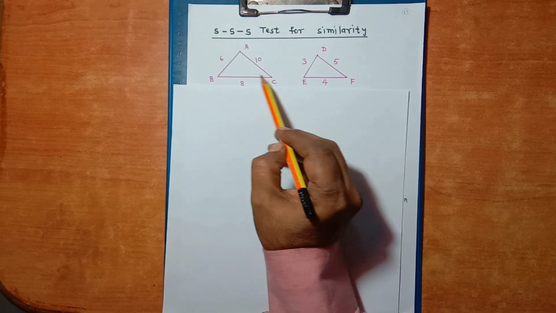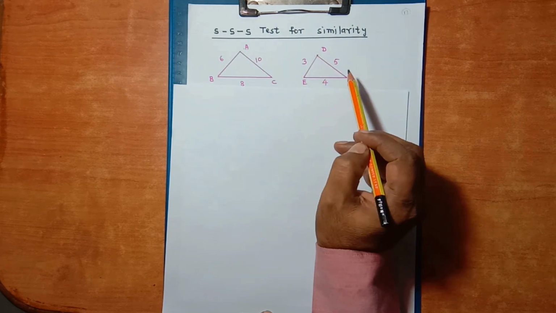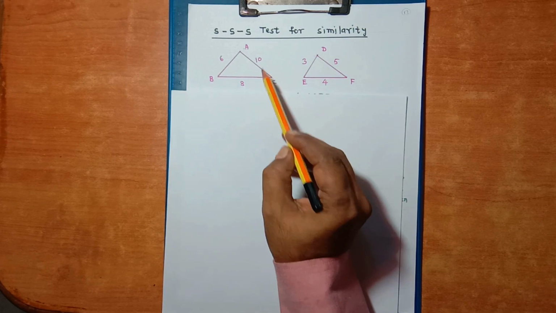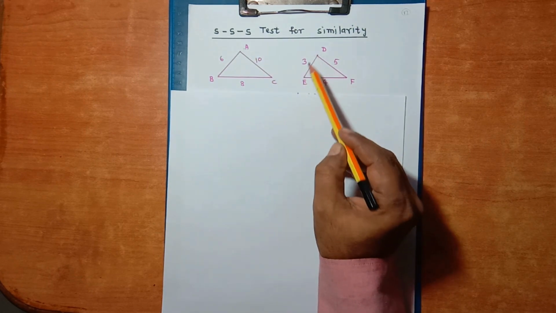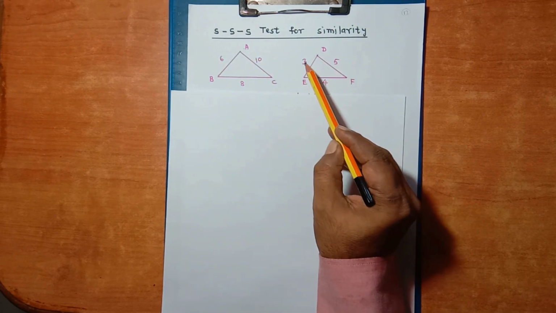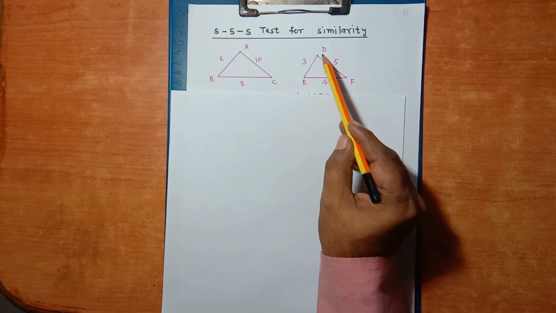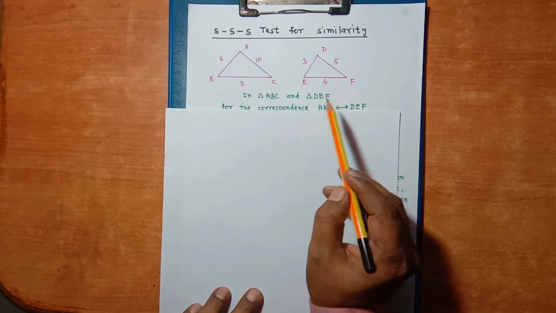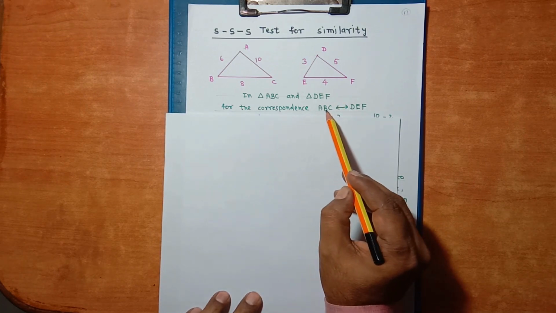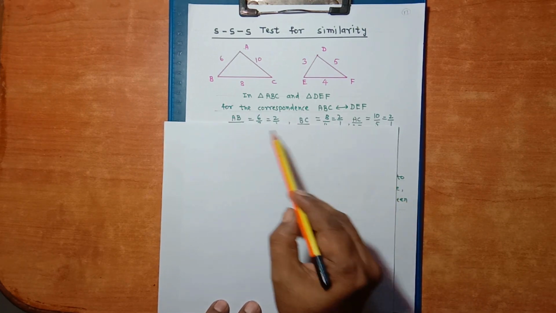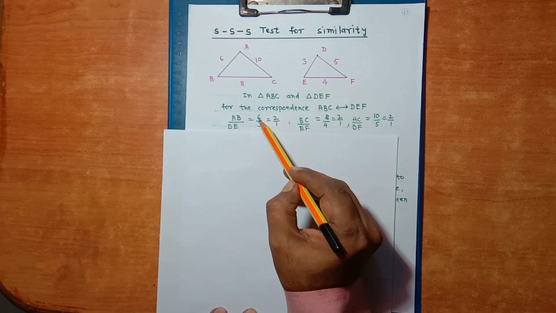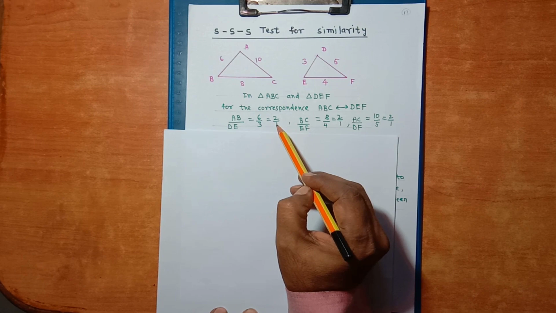In triangle ABC, the length of the side AB is 6, BC is 8, AC is 10. In triangle DEF, length of side DE is 3, EF is 4 and DF is 5. So in triangle ABC and in triangle DEF, for the correspondence ABC to DEF, AB upon DE is equal to 6 upon 3 is equal to 2 upon 1.